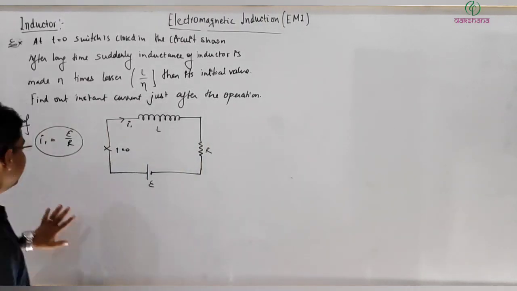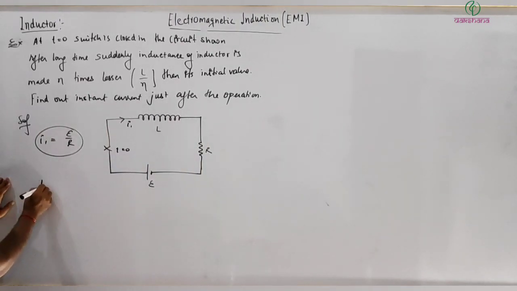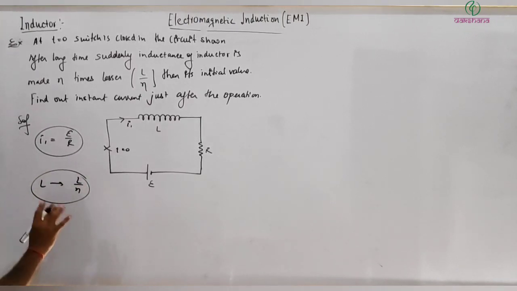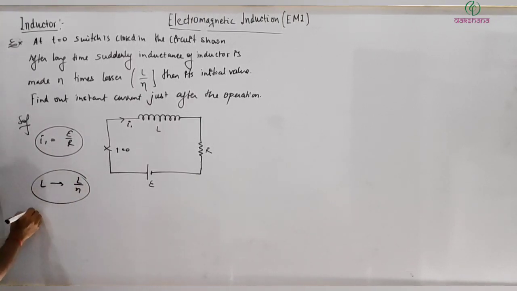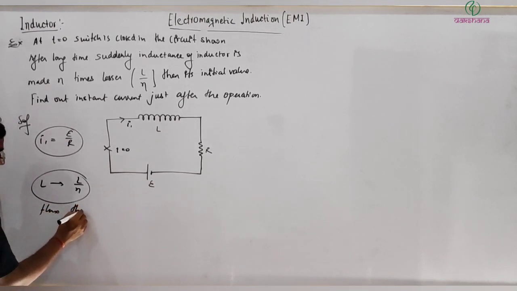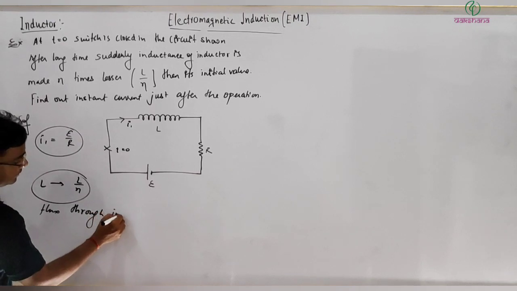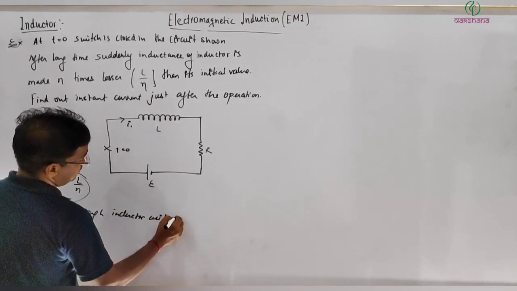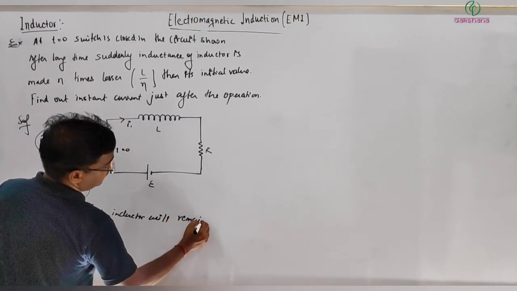So I can write L is changed to L by eta. Clear? Right now the thing is, flux through the inductor will remain constant.